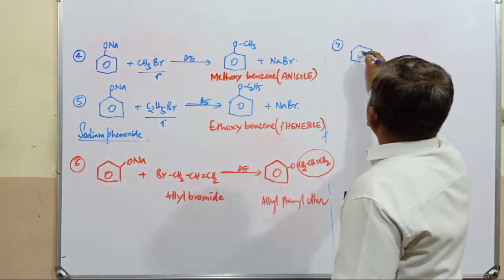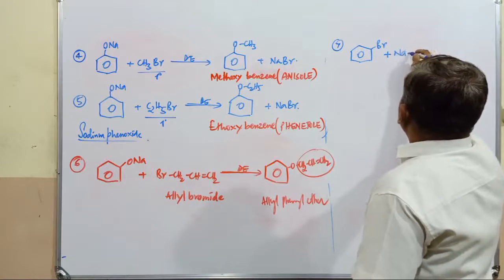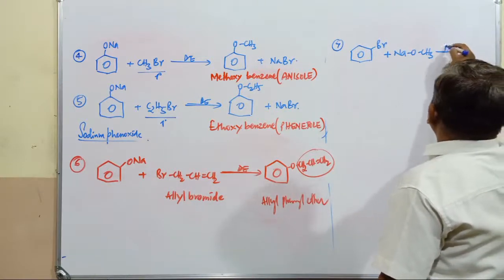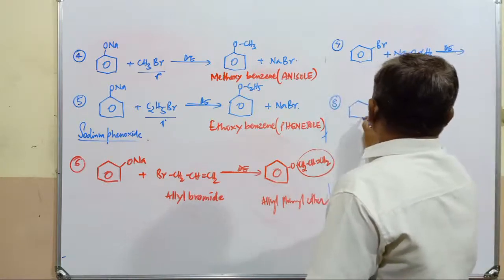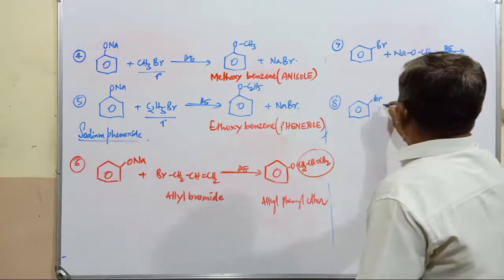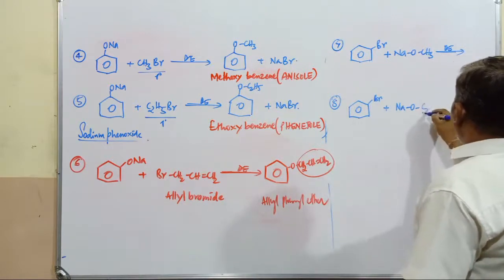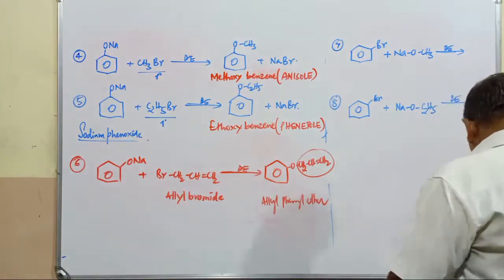Another example, the seventh one. This is Br plus NaOCH3, in dry ether. The eighth one is Br plus NaOC2H5 in the presence of dry ether.